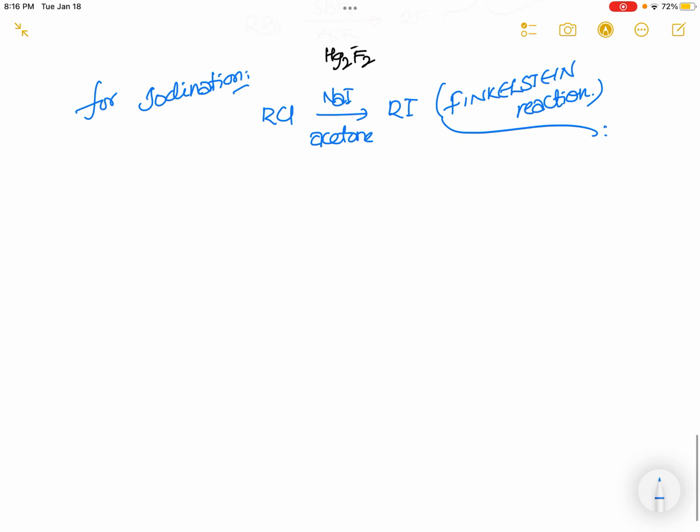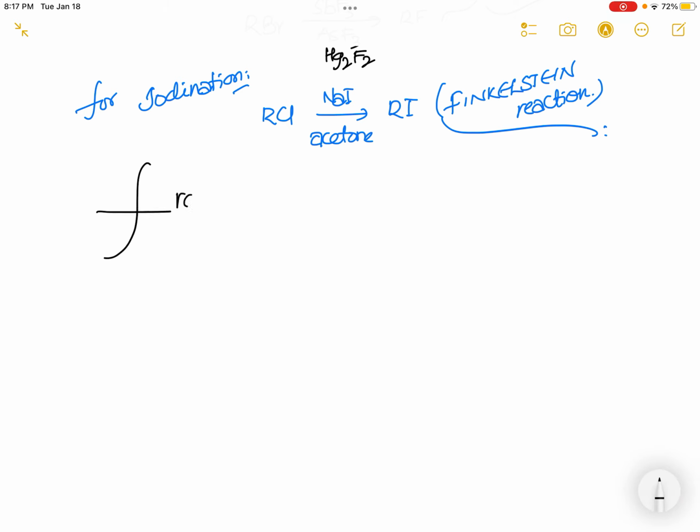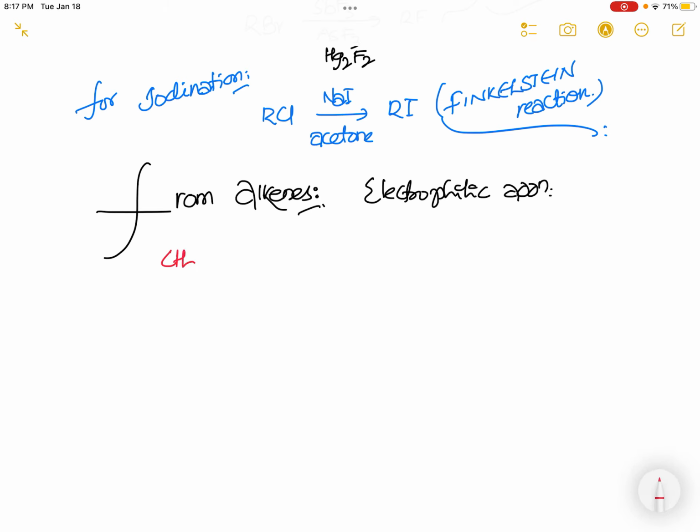Next, we can take from alkenes. Just go for electrophilic addition. See, CH2=CH2, if we add HCl, we get CH3CH2Cl.